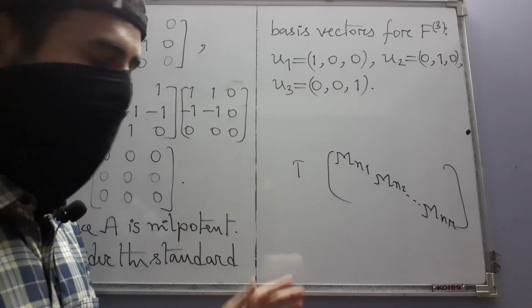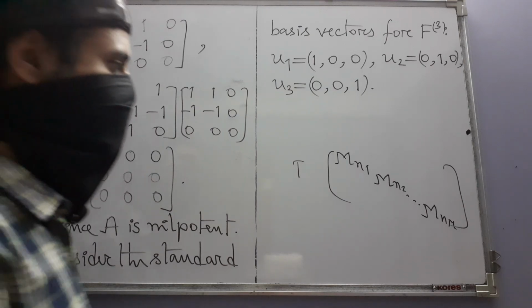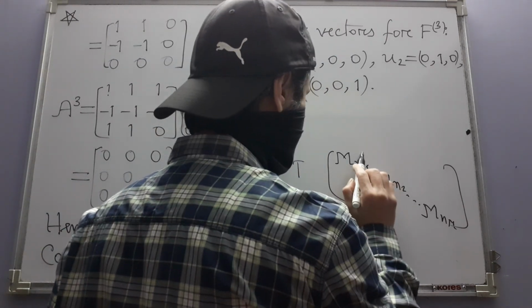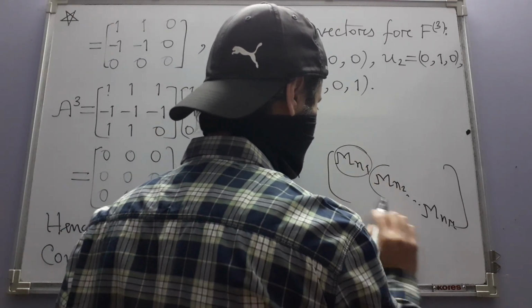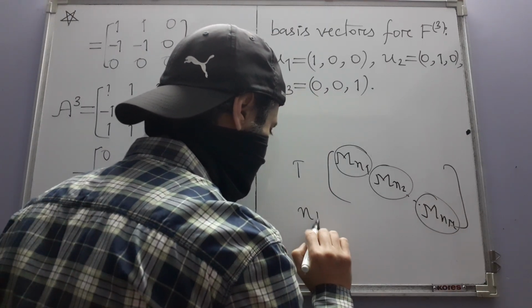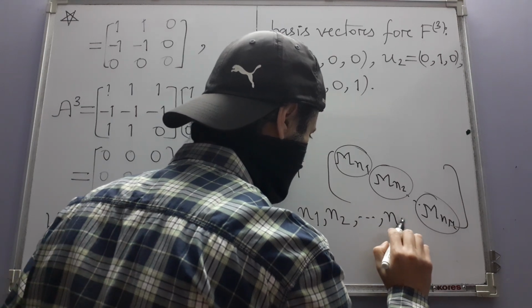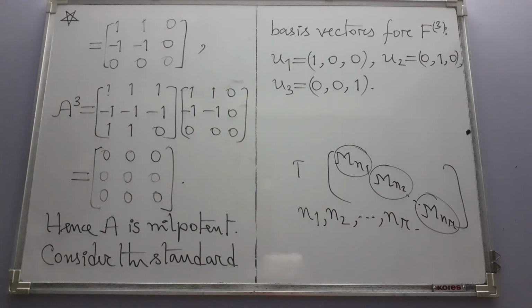From that basis, we are able to then say other things. From that basis itself, we will get Mn1, Mn2, these things. And if you remember, these are the invariants of T. Okay?